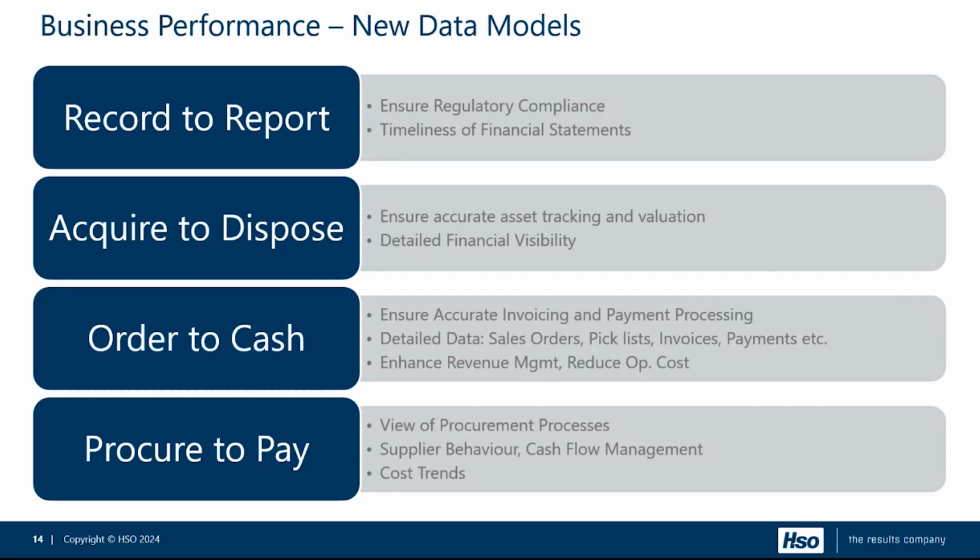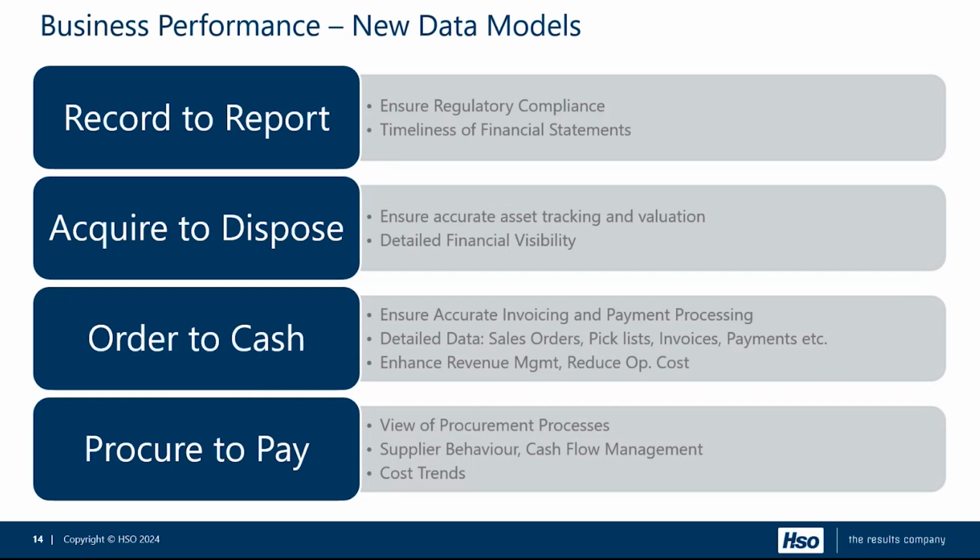So the acquire to dispose, similar. It gives you access to a data model, but this is particularly around assets. Your fixed assets tracking, valuations, detailed financial visibility on those assets, so that you can see what you've got, how much it's worth, the life cycle of it, without needing to be in Dynamics itself, the finance UI. And the order to cash as a process.